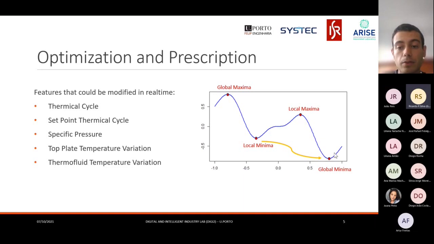Also, to prevent the optimizer from getting stuck in a potential local minimum, we decided to apply a new strategy. So instead of optimizing all these 5 features that we could change, firstly, we would get the 2 most contributive features from those 5 using the Shapley values given by TreeSHAP.